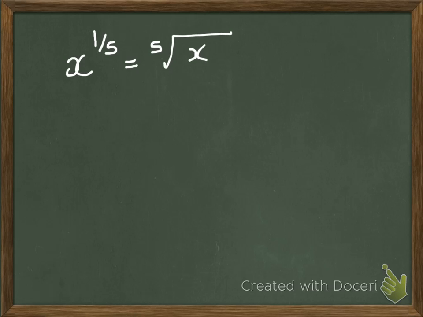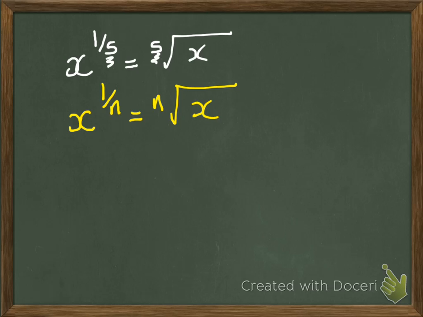Now what you suddenly begin to realise is that with all of these things, whatever is here appears here. So it's sometimes called the nth root of the number, and the way that we would write that is this. If we've got x to the 1 over n, then it will be the nth root of x.